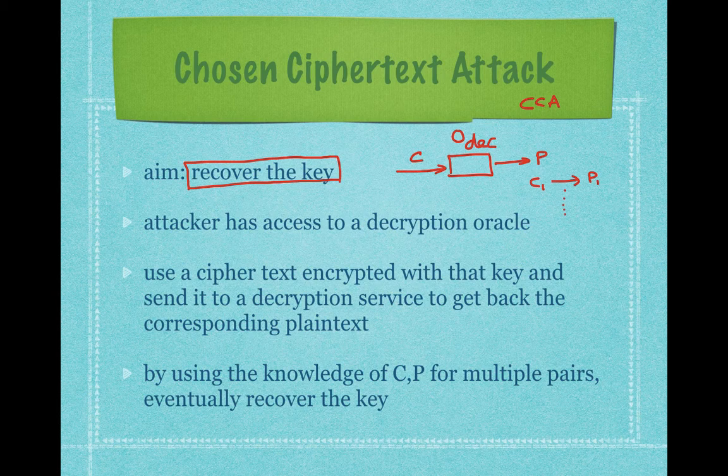He will continue this step n number of times. Let's say he sends Cn and gets Pn. By using this knowledge of the ciphertexts and the corresponding plaintexts, eventually he will be able to recover the key K. So this is how the chosen ciphertext attack works.